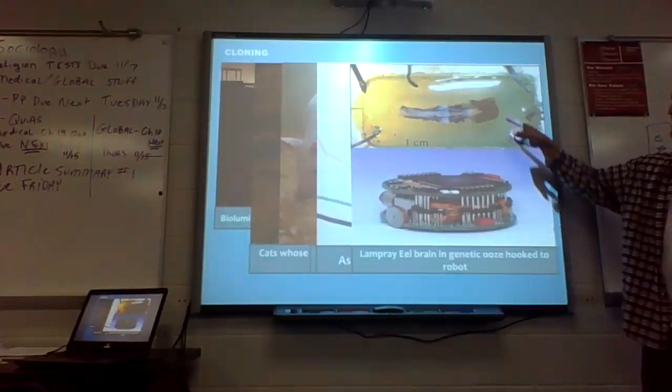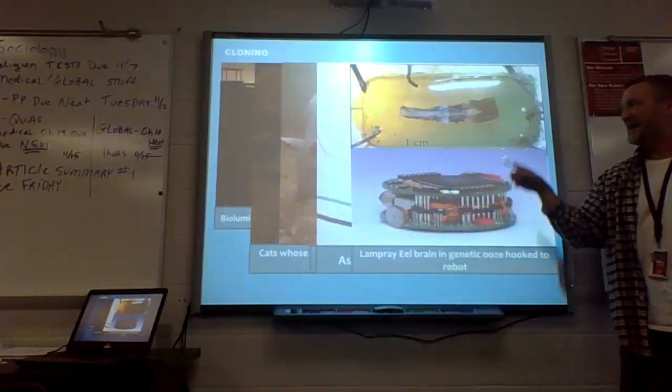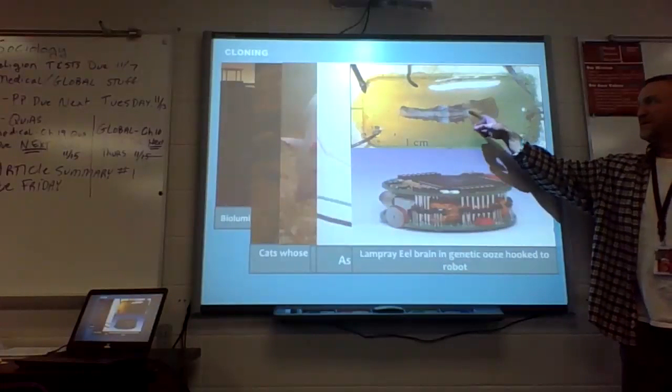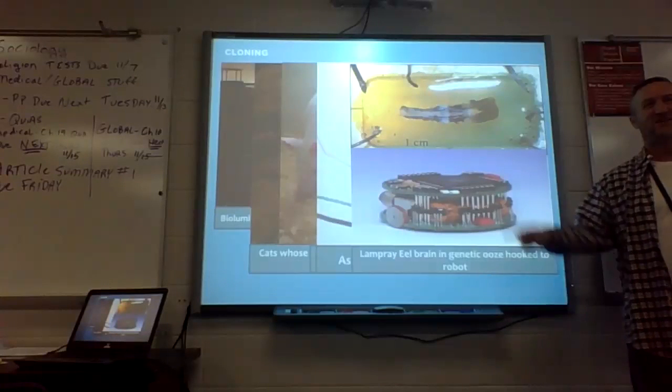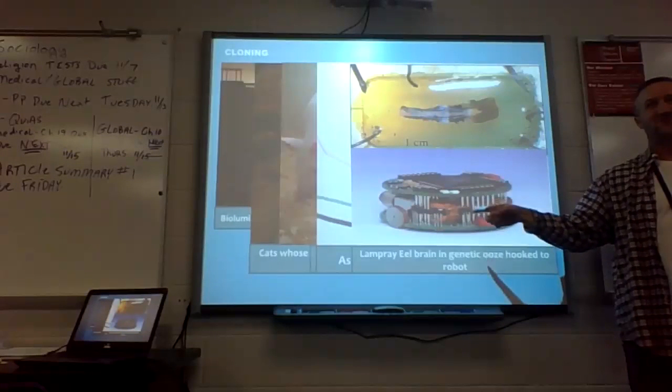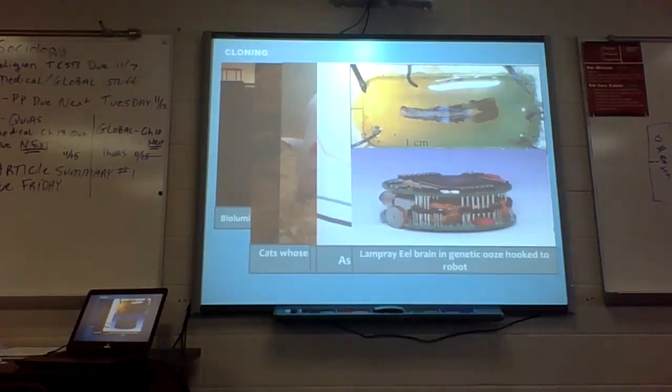And what they did was they had the brain and they hooked up wires to it, and the lamprey eel controlled this robot car. Just the brain controlled this robot car. Nice. Okay, all right. Do we look at that and say, cool? Or do we look at that and say, what are we doing? We're playing God here, maybe.